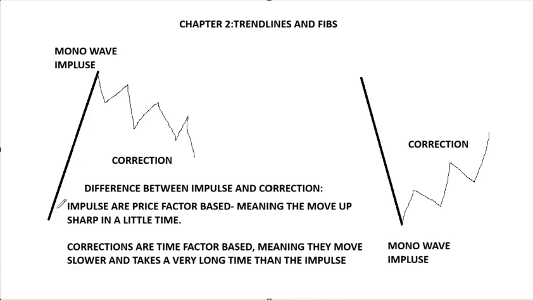Okay? Impulses, which is this first move here, are price factor based, and corrections are time factor based. Okay. So what I mean by this is that impulses are price factor based, meaning they move up.